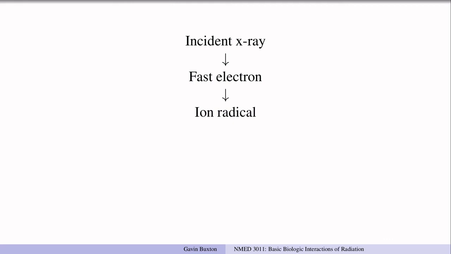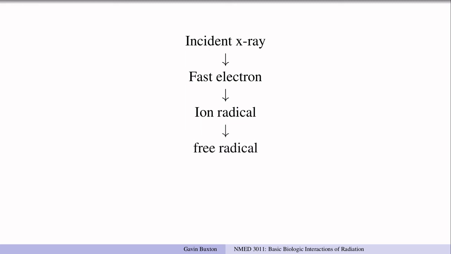So let's review the general sequence of events that can occur for indirect action. So the X-ray comes in and creates fast electrons that can go on and cause more damage in the system. And ion radicals, right? Ion radicals are produced as well.